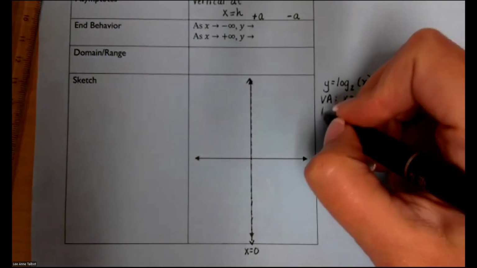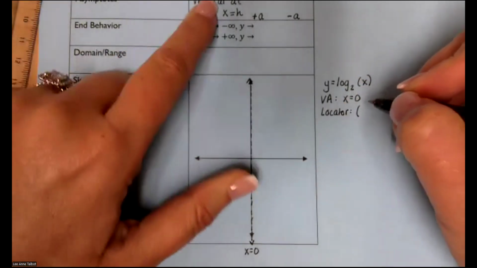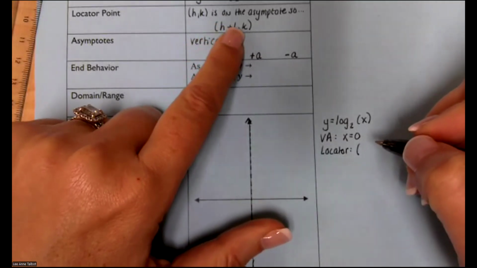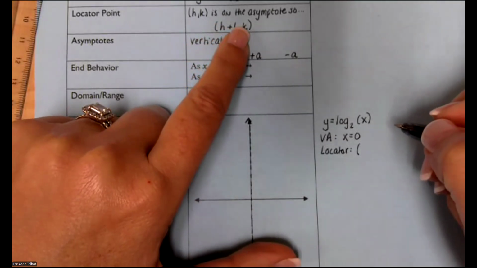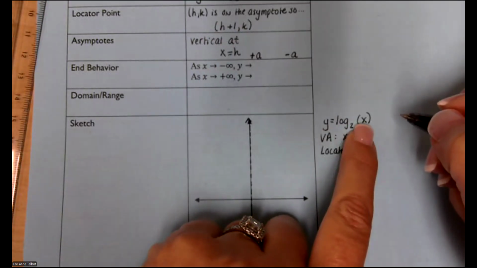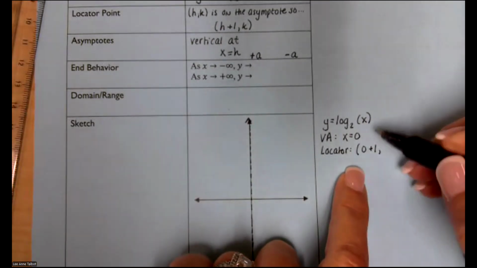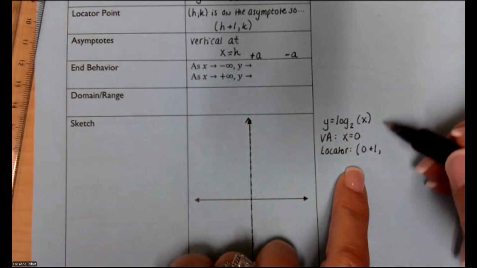Okay, and we're going to do the locator point, which is h plus 1 comma k. Okay, h is 0. So 0 plus 1. What's k? 0.